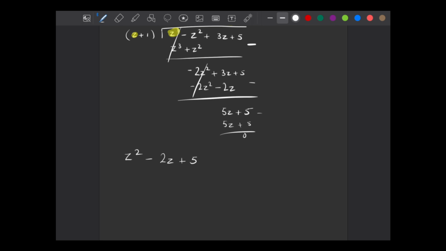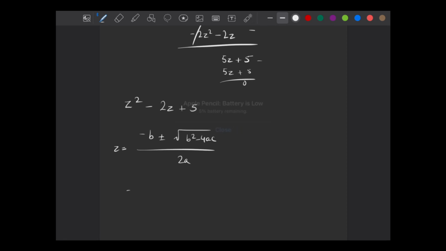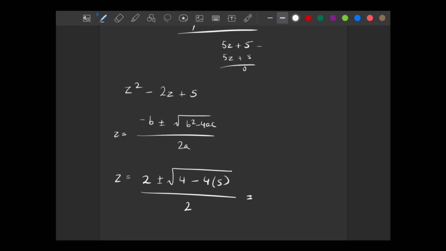I'm going to use the quadratic formula, which gives me minus b, which is minus 2, so just 2, plus or minus the square root of b squared, which is 4, minus 4, a is just 1, c is 5, all over 2 times a, which is 1, so just 2 in the denominator. 4 minus 4 times 5, so 4 minus 20, which gives me minus 16 over 2.